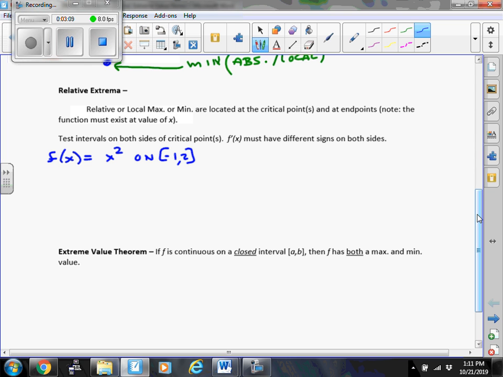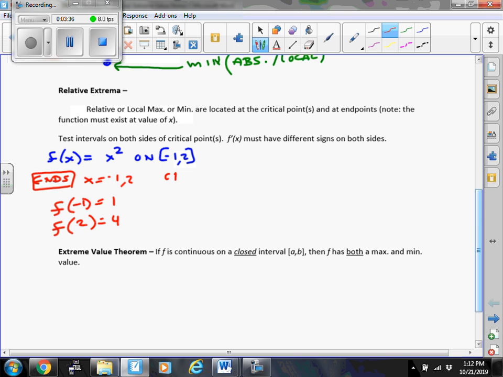First thing is you identify the endpoints. Step 1, endpoints. Your endpoints are given to you as x equals -1 and 2. Now what we need is those values. The x values only tell us location. So if I plug that in, I get 1, and I get 2 squared, which is 4.